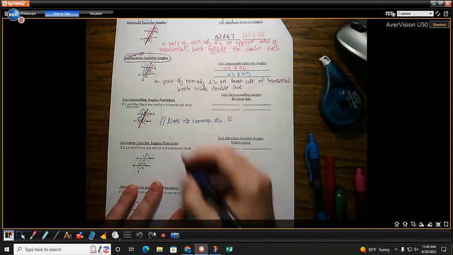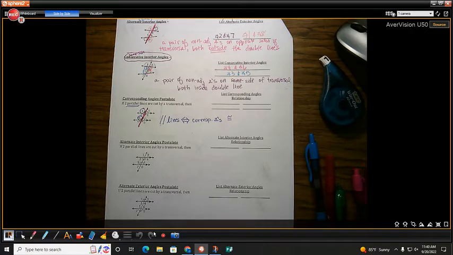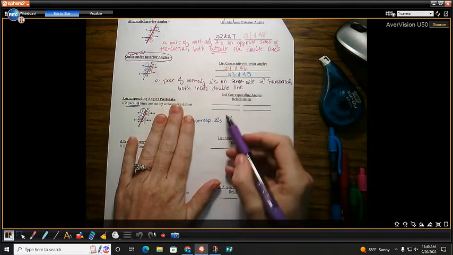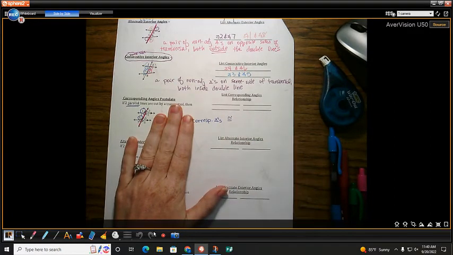But wait, there's more. It's biconditional. So the biconditional tells me I can do the converse, which means that if I happen to have a couple of corresponding angles, and they happen to be congruent, what can I know automatically?